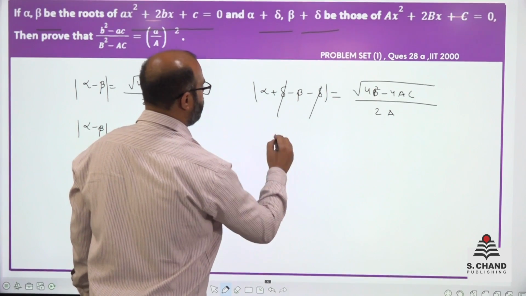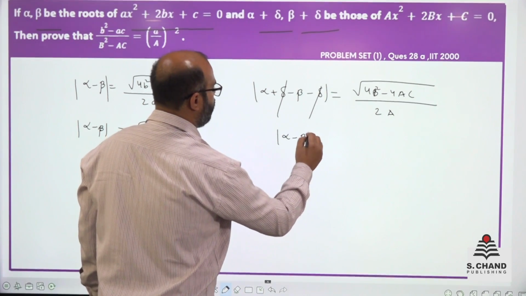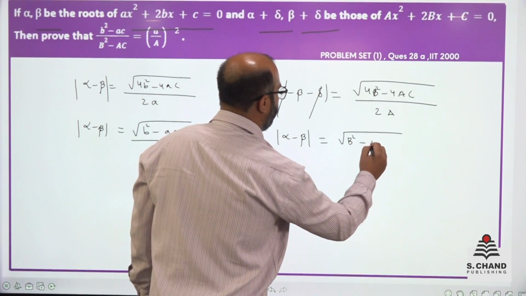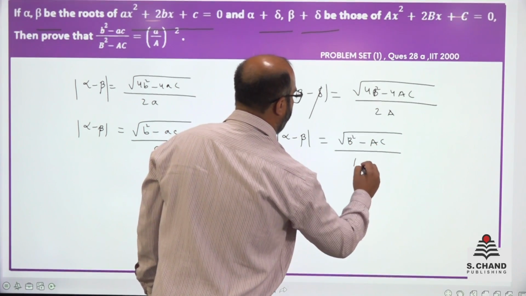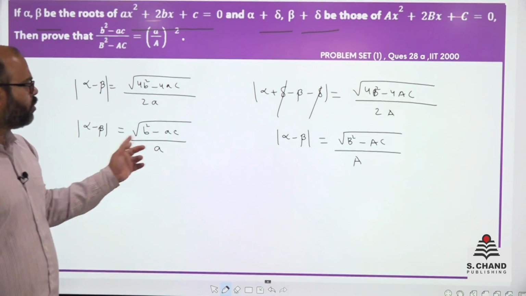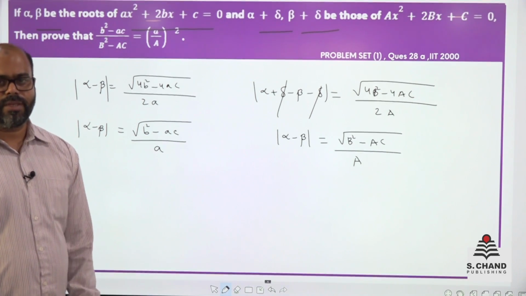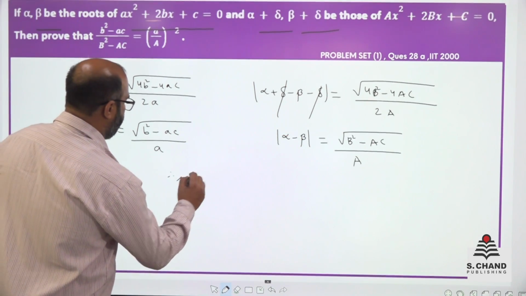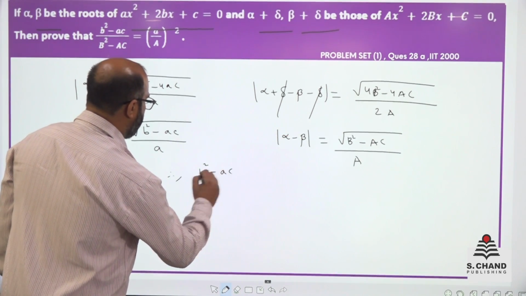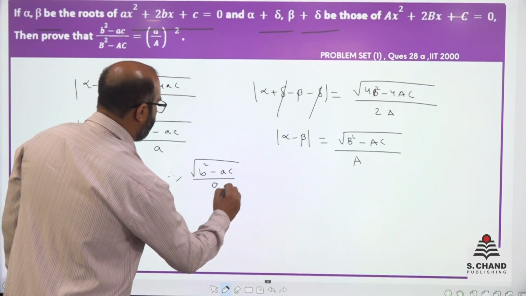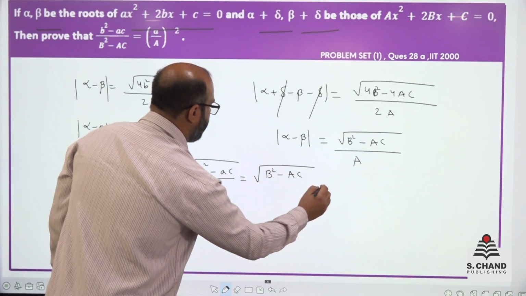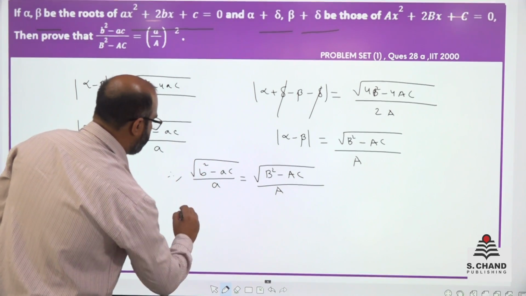Delta, delta cancels, alpha minus beta mod is equal to root over B square minus AC upon A. Now both these equations have alpha minus beta mod. So can we equate them? Of course. So therefore root b square minus ac upon a is equal to under root B square minus AC upon capital A. Next step, we can square.